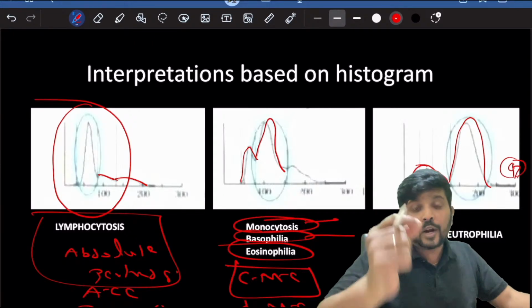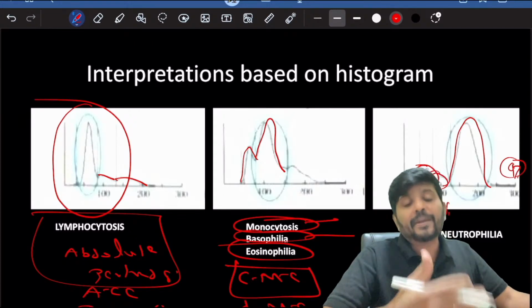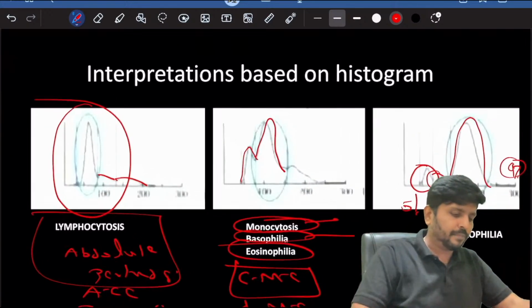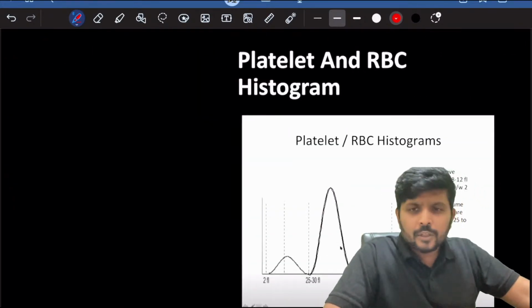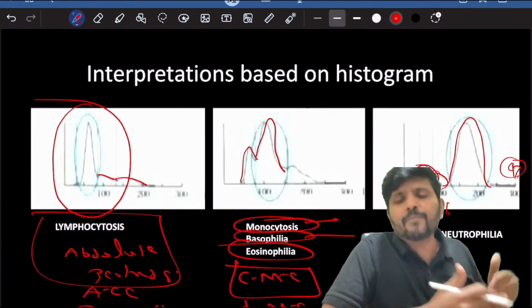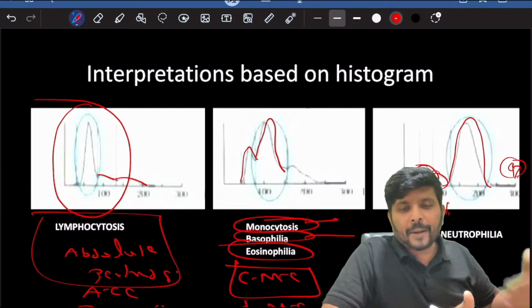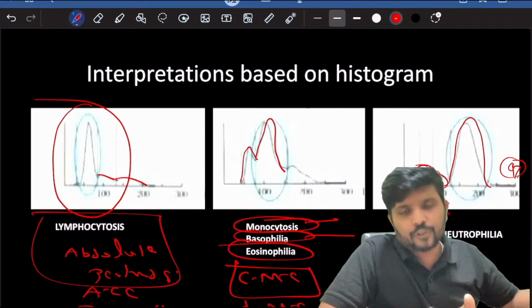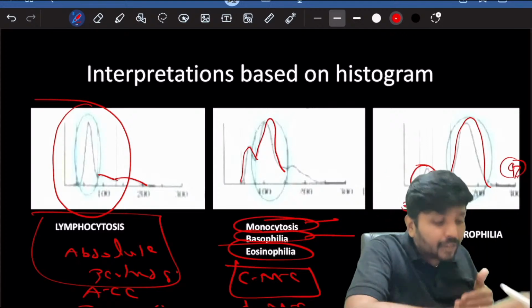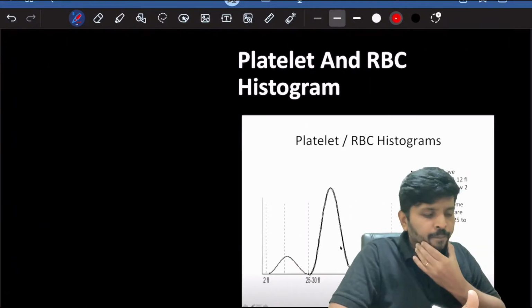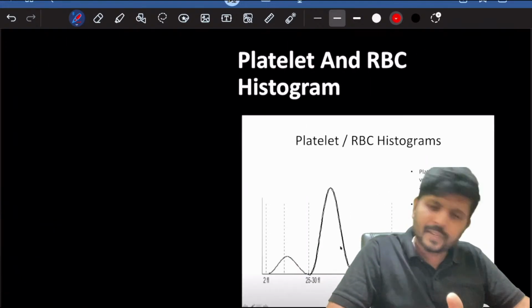I hope you understood the facts behind this automated hemogram, right? So this is with respect to lymphocytes, with respect to the total count, particularly your WBC parameters. Now, RBC parameters, the same.